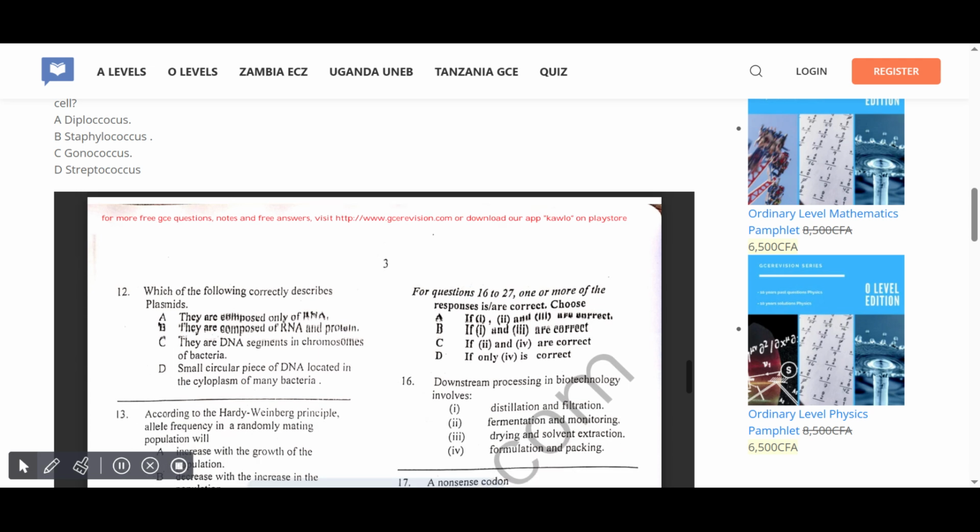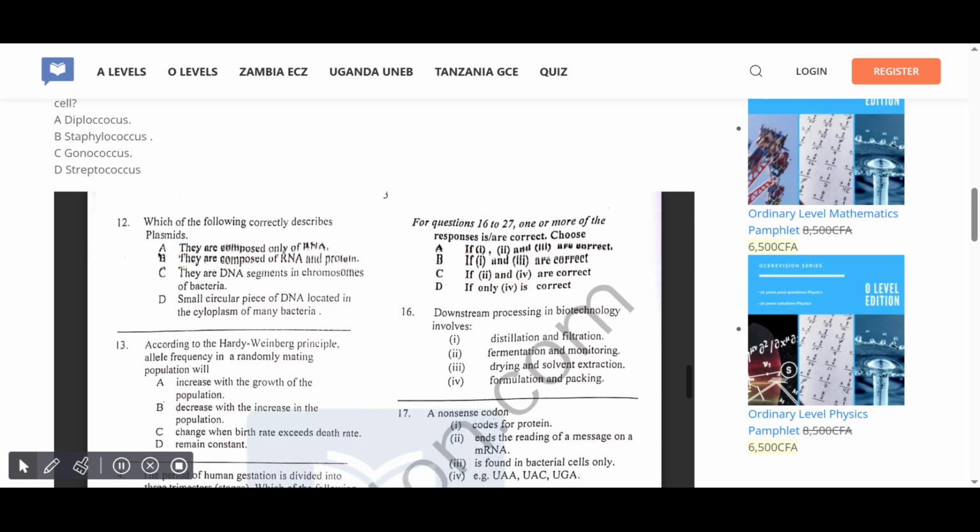Questions 16 to 27. You answer 16 to 27, where one or more of the responses are correct. So downstream processes in biotechnology involve.